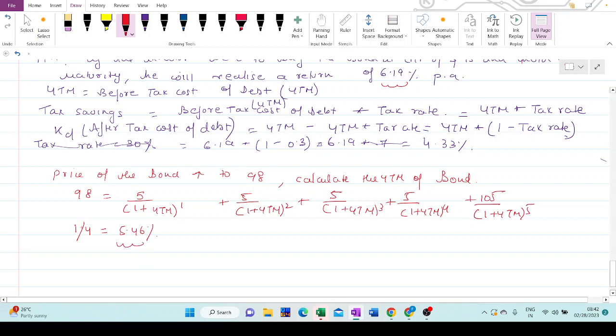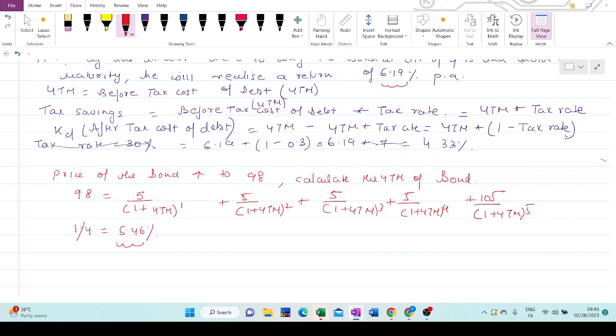Why has my cost of debt reduced, guys? Because the credit rating of the company has improved, the company's debt has become less risky, and now investors would be happy with only 5.46% return, right?